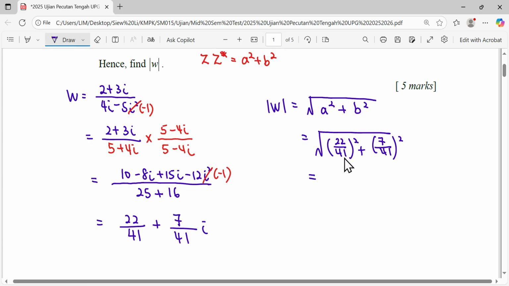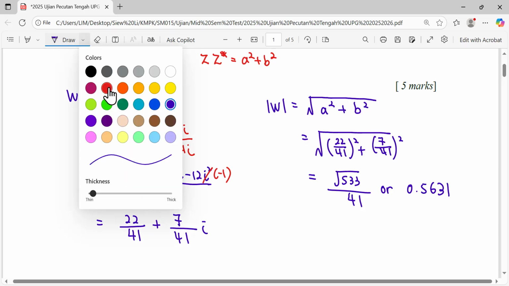By using your calculator, you can express your answer in surd form, which is root 533 over 41, or if you want to express in decimal, make sure your decimal has 3 or more significant figures, which is 0.5631. Make sure you have enough significant figures for this decimal.